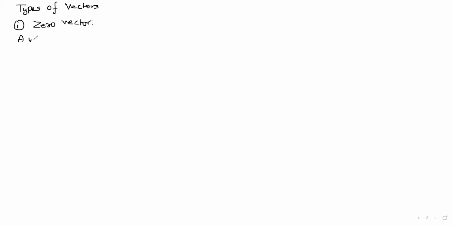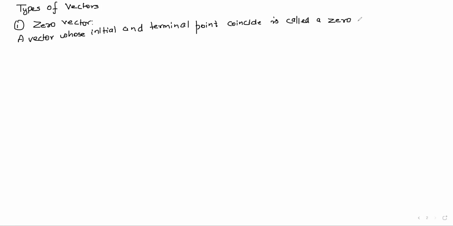A vector whose initial and terminal point coincide is called a zero vector, or we can say null vector, and denoted as zero. Please note down this definition or let me know if you have any doubt.